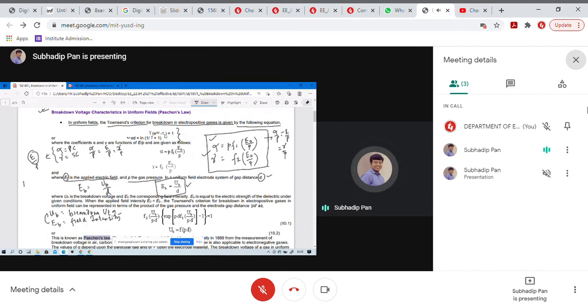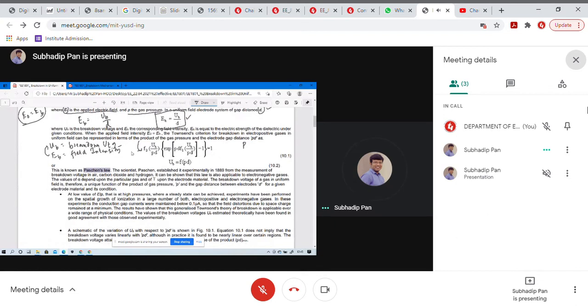That means when E0 is equal to EB, that is, when the applied field intensity E0 equals EB, the Townsend criterion for the breakdown of an electropositive gas in a uniform field can be represented in terms of the product of gas pressure, which we consider as P, and distance. From the above equations we can write the criterion as F2 of UB divided by PD, times the exponential of PD times F1 of UB divided by PD, minus 1, which is nearly equal to 1.